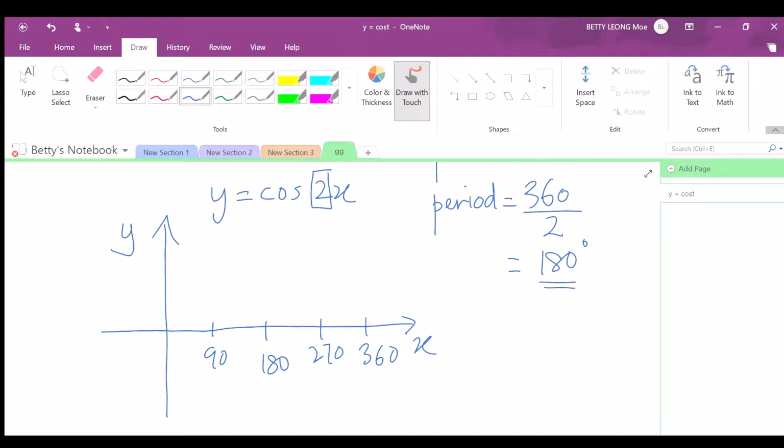180 meaning you have one complete cycle. For 180, you will have one complete cycle here.